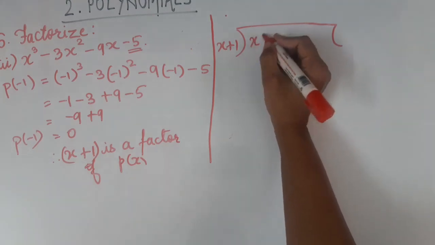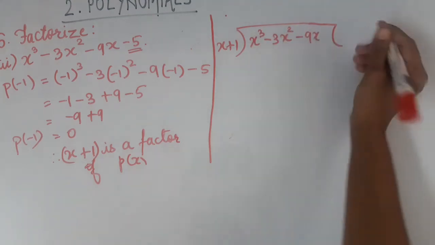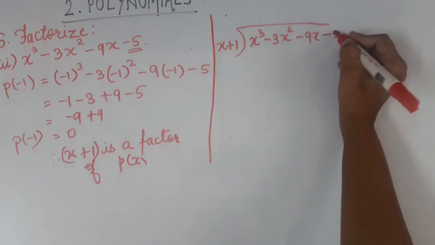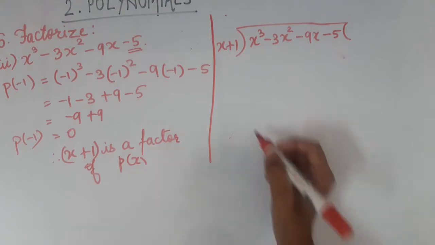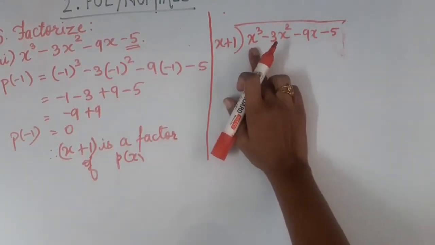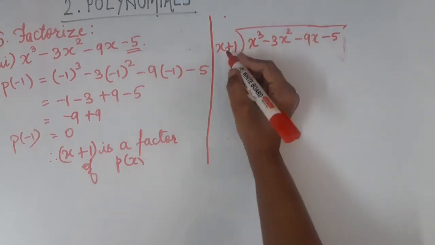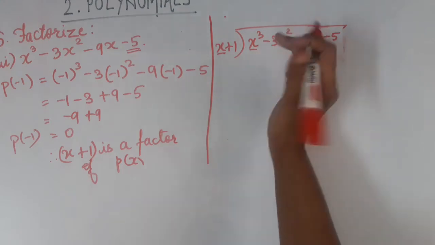Divide your question, it will be x cube minus 3x square minus 9x minus 5. Right? Now divide this. Check the first term of divisor and dividend. With what should I multiply x to get x cube?